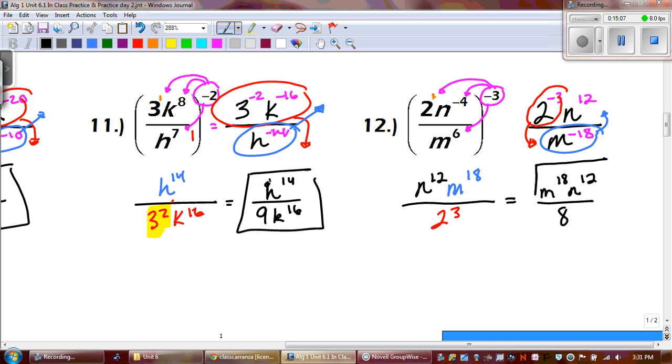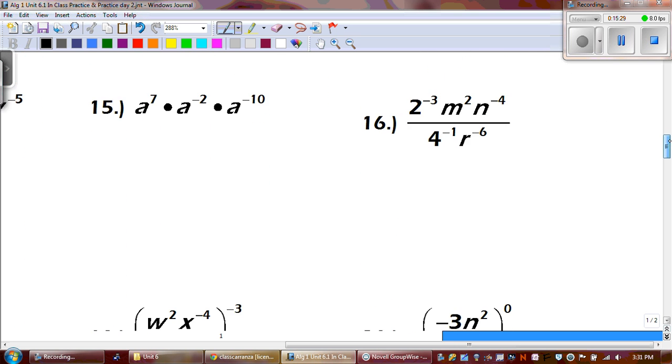And then that is your 100% final answer. Okay? So on a test or a quiz, multiple choice, they are always going to be written in alphabetical order. Now, if Ms. Carranza and I are grading it, we might be nice. Okay? It just depends how lucky you feel.